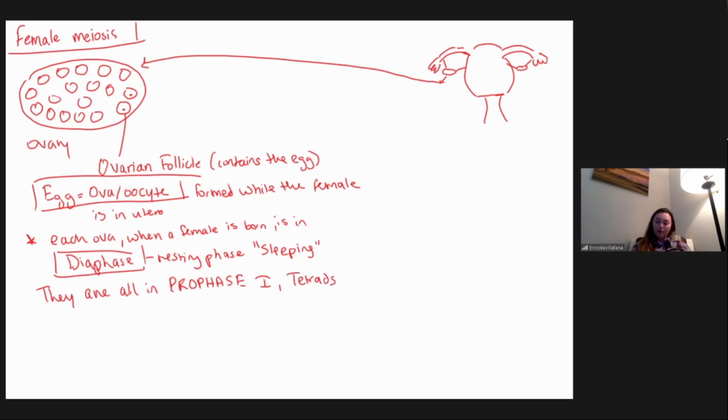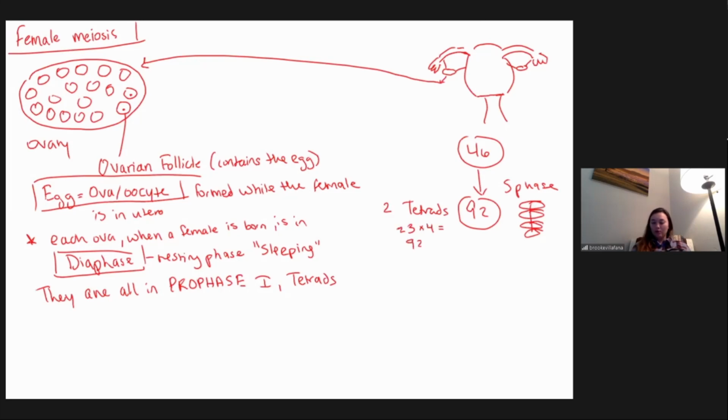Remember, we talked about 46 duplicating in S phase, right? And they become tetrads when we're talking about meiosis. They become 23 tetrads, right? 23 times 4 is 92. So 23 tetrads. And then we go through prophase, metaphase, anaphase, telophase 1.